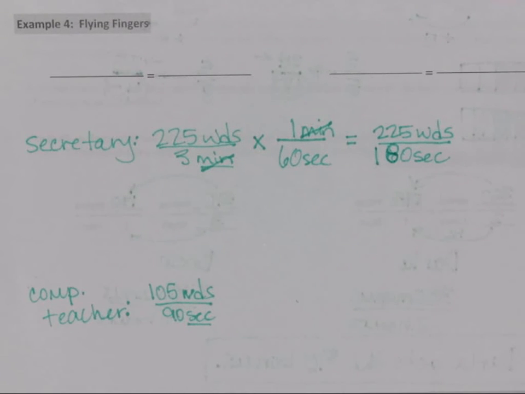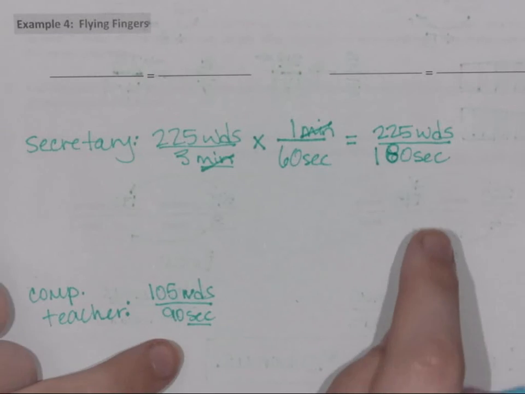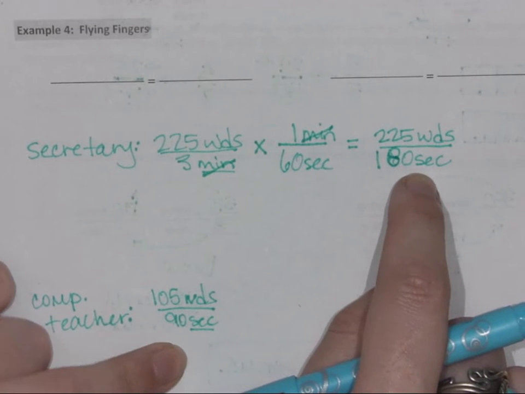Okay, Leah? Yes, if you need a calculator, you can get a calculator. Go ahead, Liliana. And Tara, what can I do so that I know I can compare these two rates?